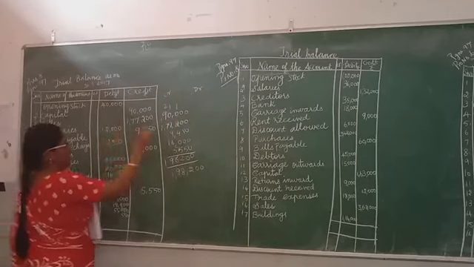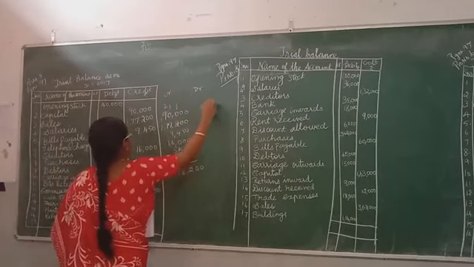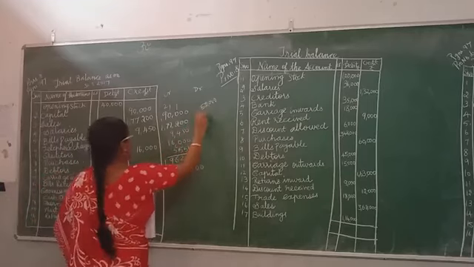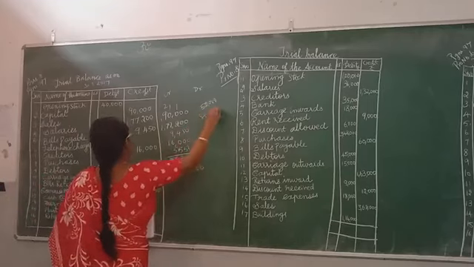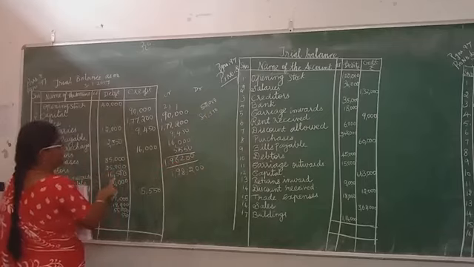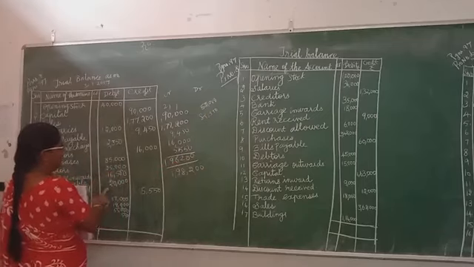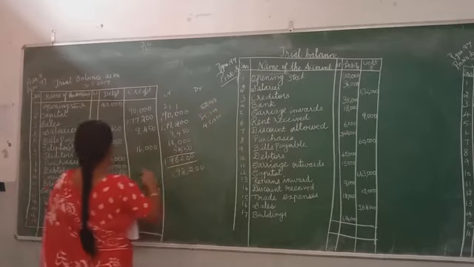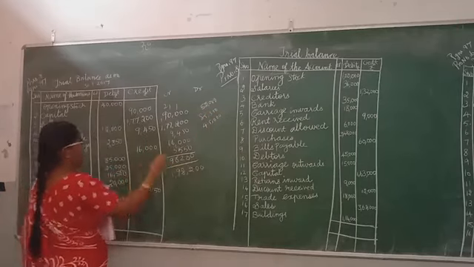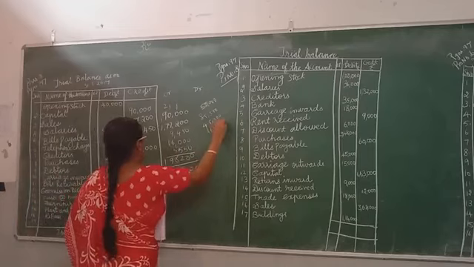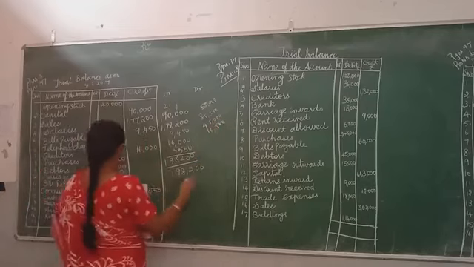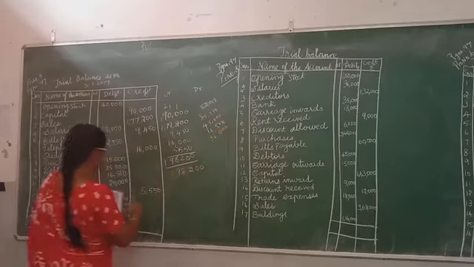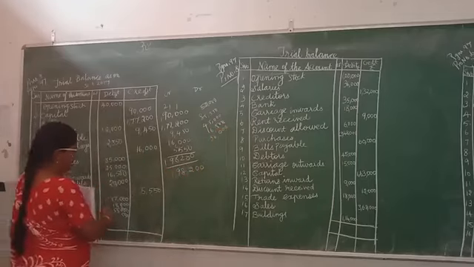40,000 plus 12,000, 52,000. Then 2,000 plus 85,000, 85,350. Then 25,000 plus 20,000, 45,000. 45,000 plus 16,500, 16,500. Then 17,000, 36,000, because 17 plus 19 I have added.